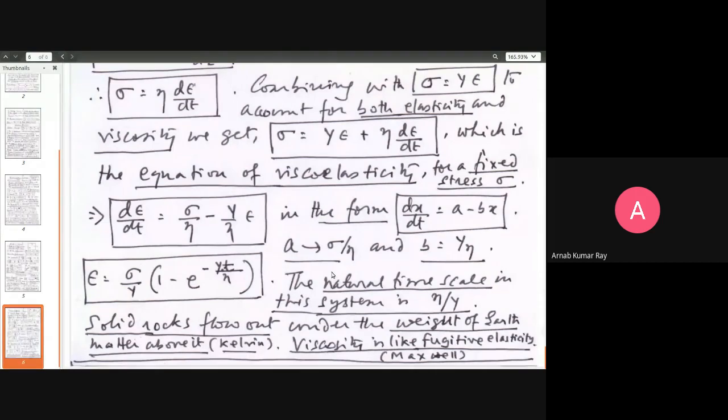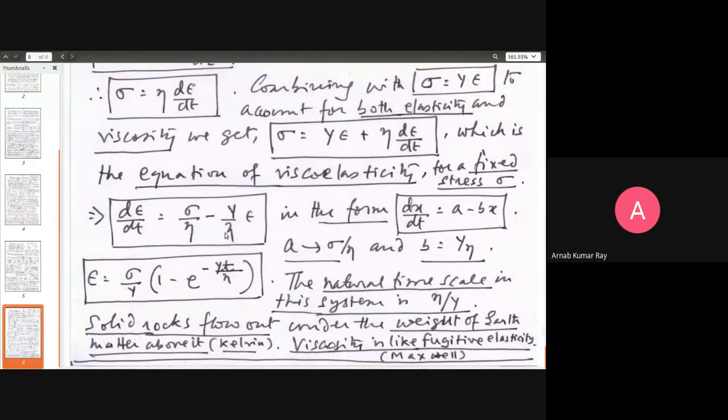It has features of both a solid material as well as a liquid material. If it has features of a solid material, it will have elasticity captured by Young's modulus, as in here. And if it is like a liquid, then it will have viscosity captured by eta, as in here. So for a fixed stress, you have this.